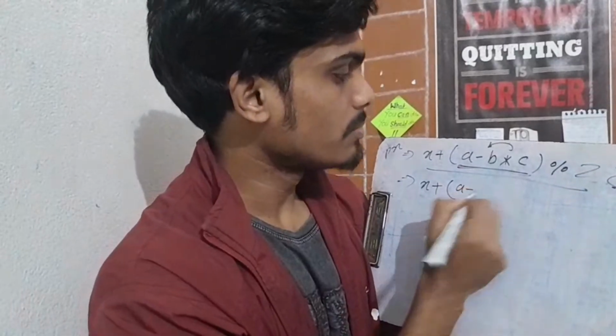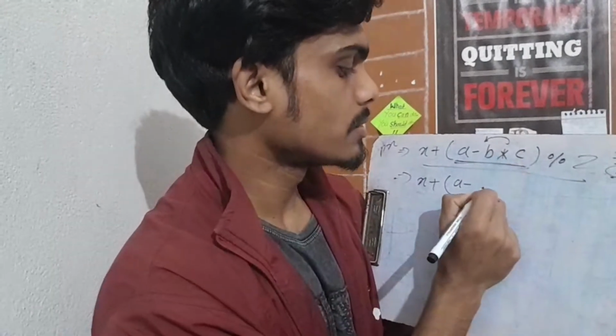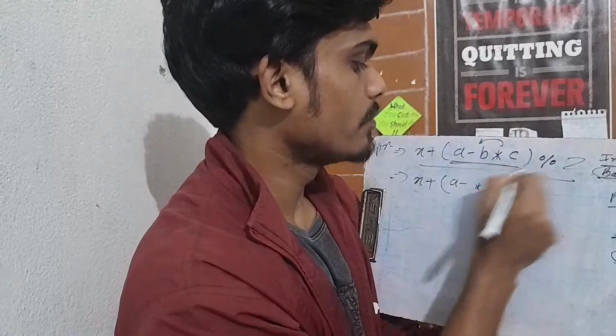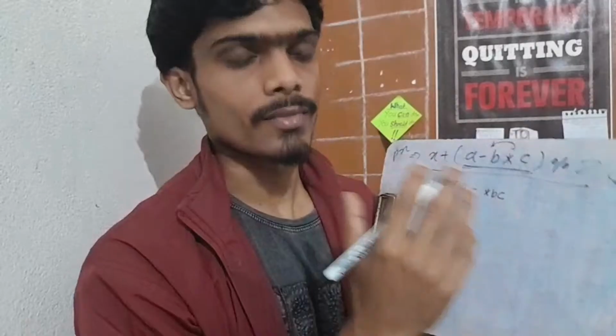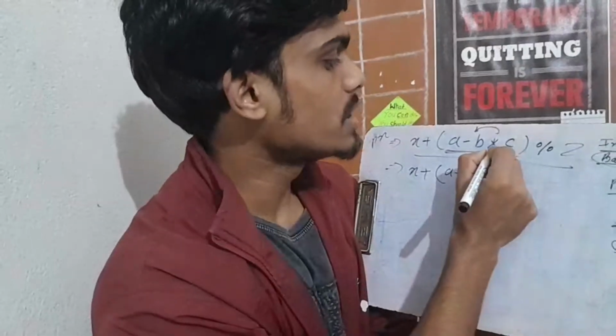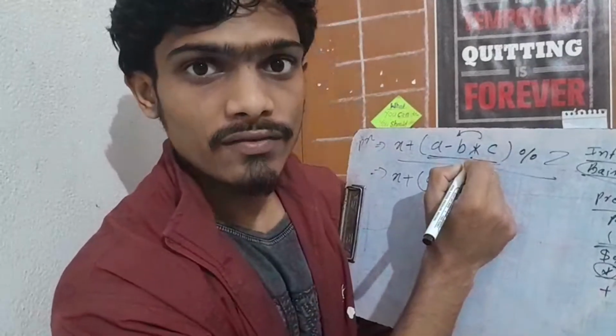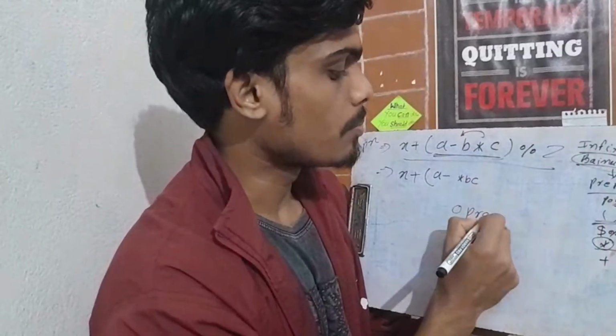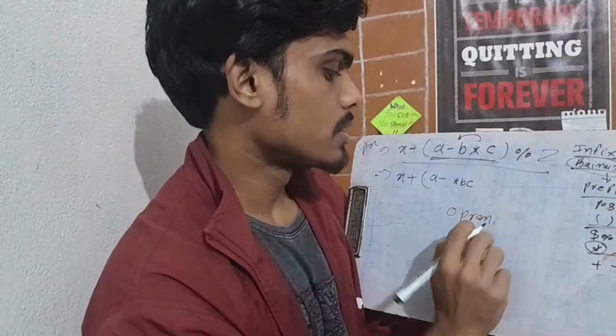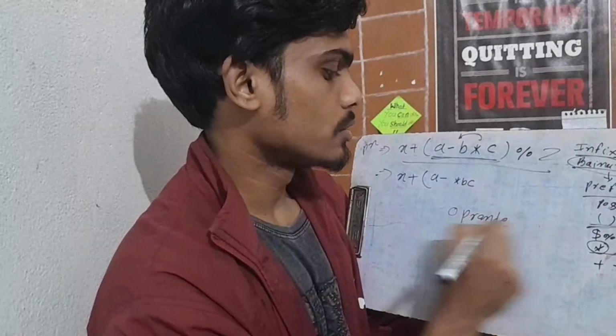So minus will remain the same, and this will come here like this, and we will write the rest in the same order. And the interesting thing is that now this multiplication sign has been converted into an operand.